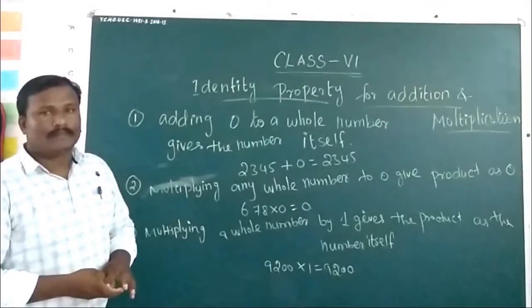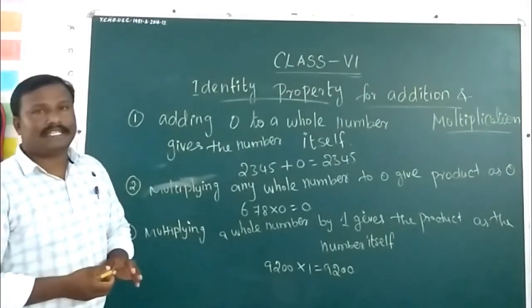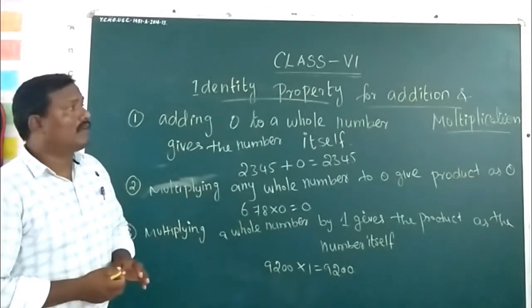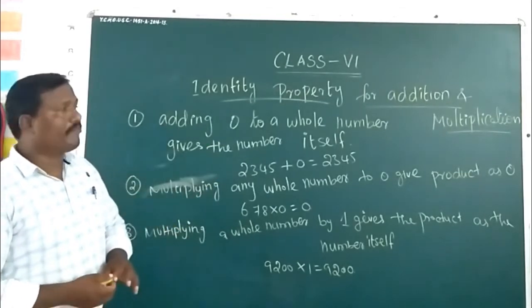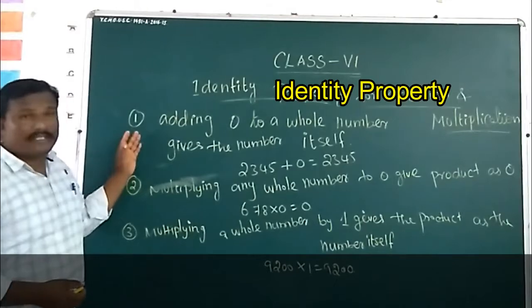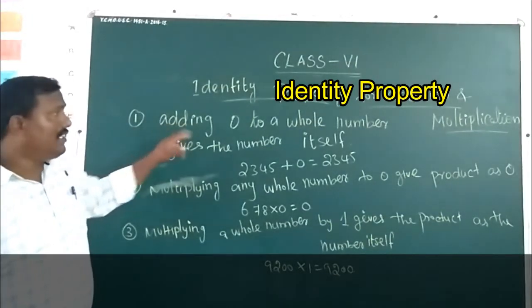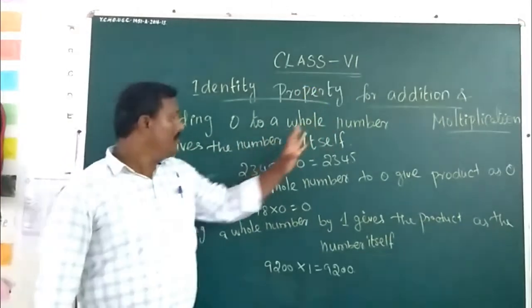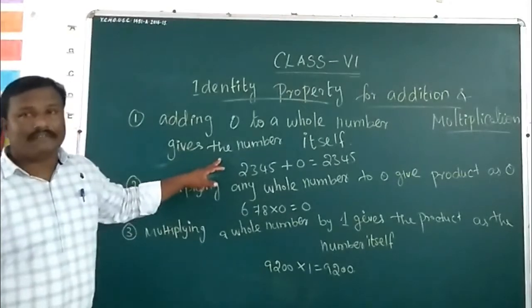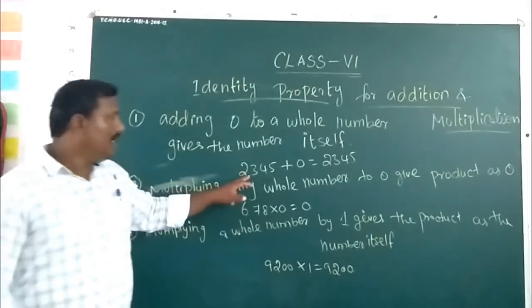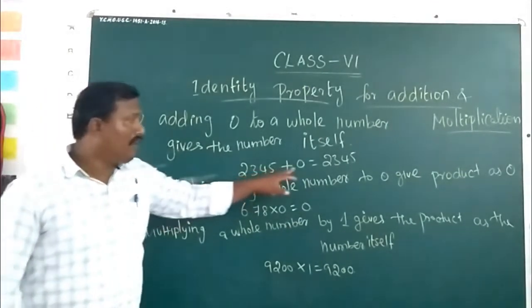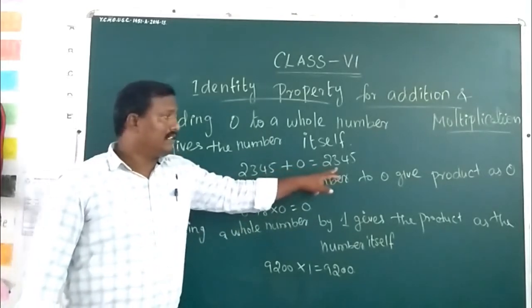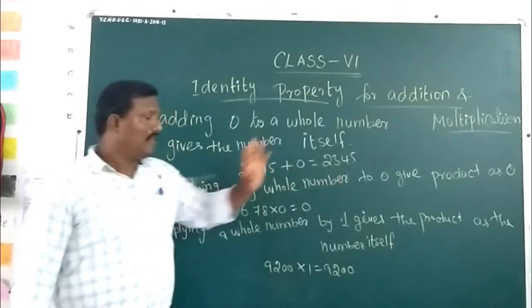Okay, the last property, identity property, for addition and multiplication. First property, adding 0 to a whole number gives the number itself. Means if you add 0 to a whole number, the sum is the number itself.